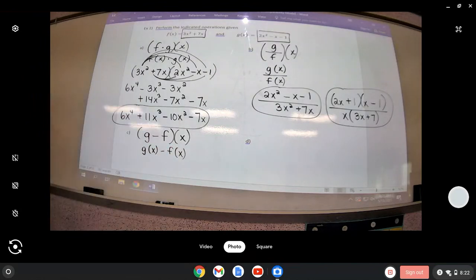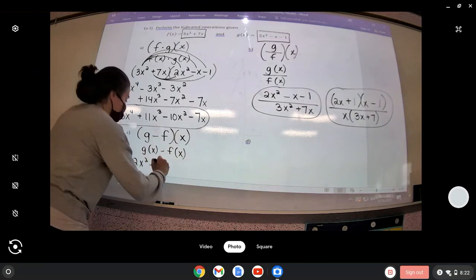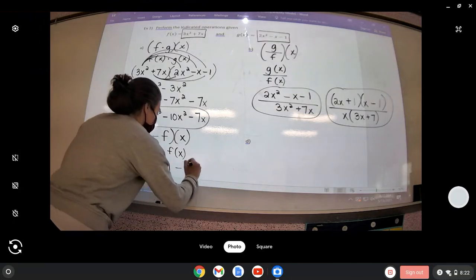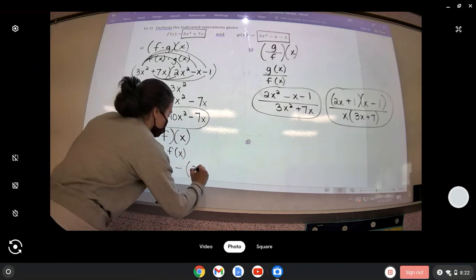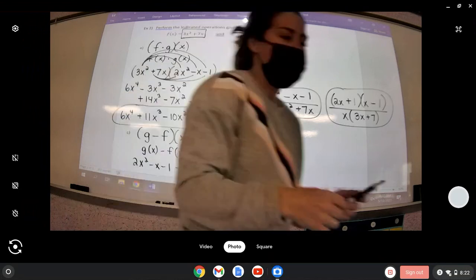All right, this is what they're asking you to do. Take the g of x function and subtract the f of x function. But make sure you subtract all of f of x. There's your setup.